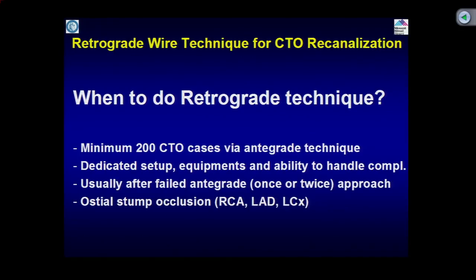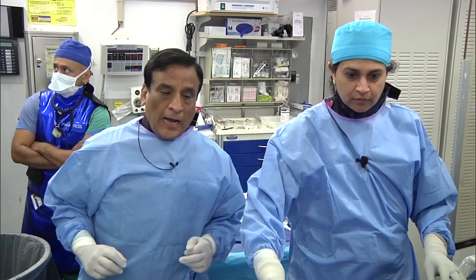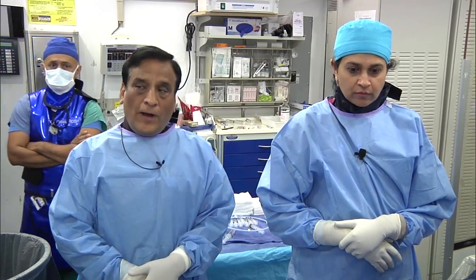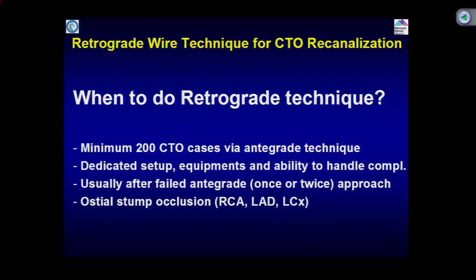So when to do the retrograde technique, that's the important issue. Because it requires extra skills, the retrograde technique should be done once somebody has accomplished a good number of CTO antegrade technique cases. Whether this number should be 50 or 200 is a matter of debate, but in my opinion, I would say 200 CTO cases with the antegrade technique, and then you get to the retrograde.